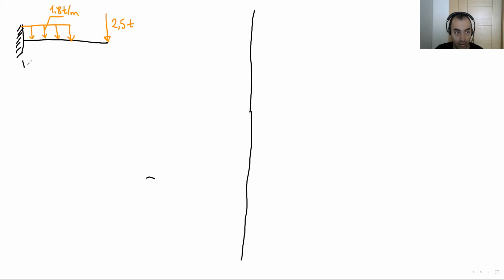Here, two meter, 1.6 meter. Okay, this is my beam. So the question here is the support reactions again.